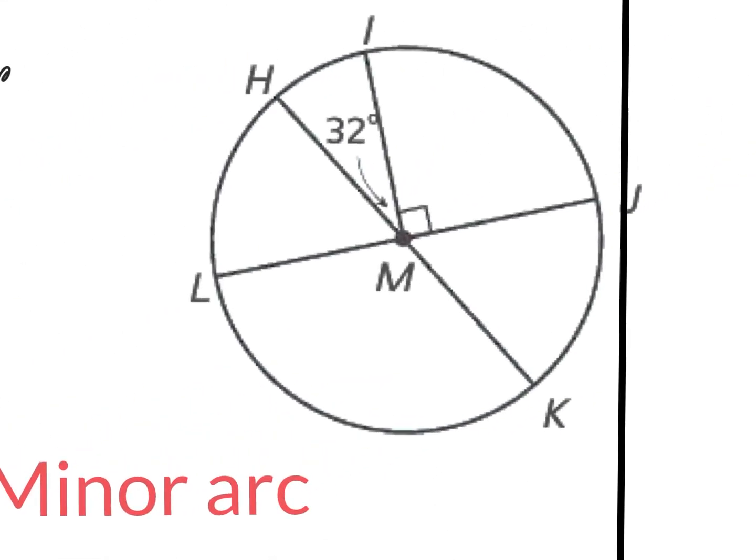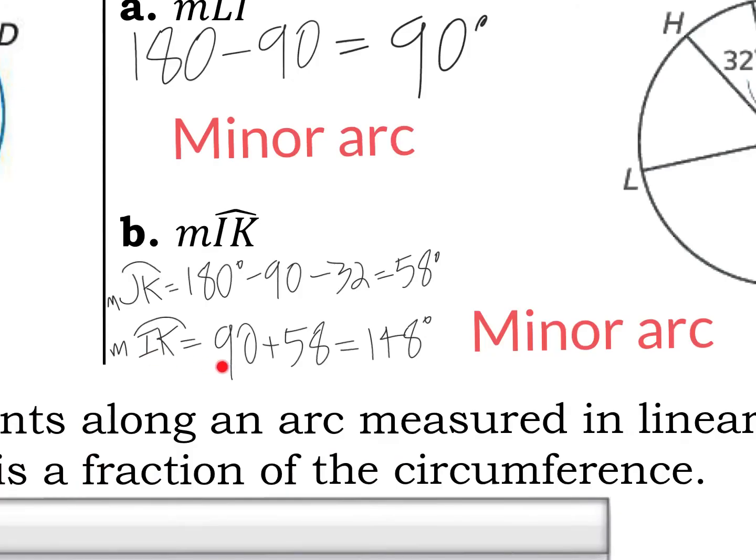So JK is right here, and what I did was I drew a semicircle with this line, HK. That's also a diameter. So I did 180 minus 32 minus 90, and that gave me 58 degrees right here. Since I'm looking for IK, I just do 90 plus 58. And so 90 plus 58 is 148 degrees, making this a minor arc.